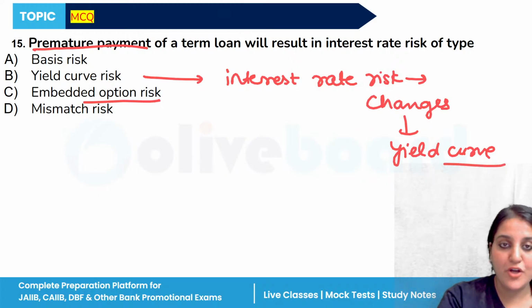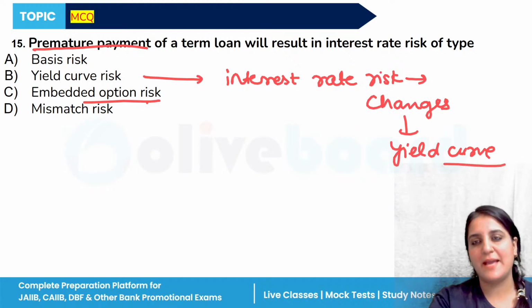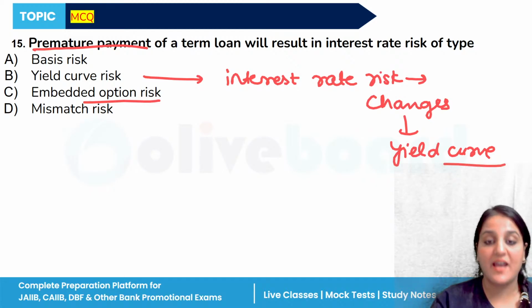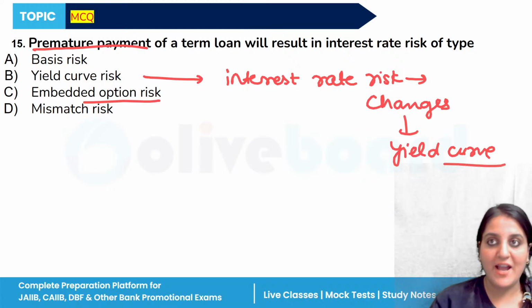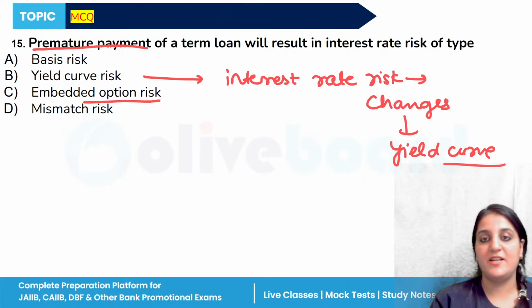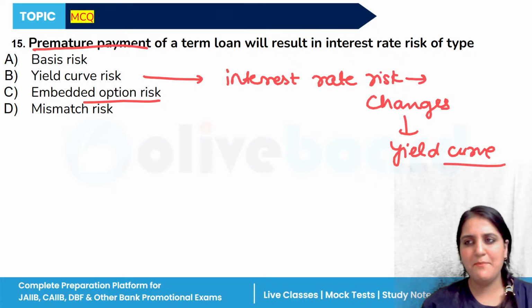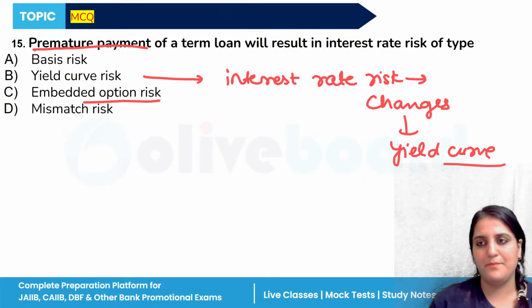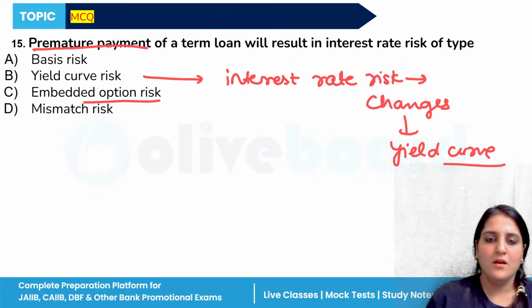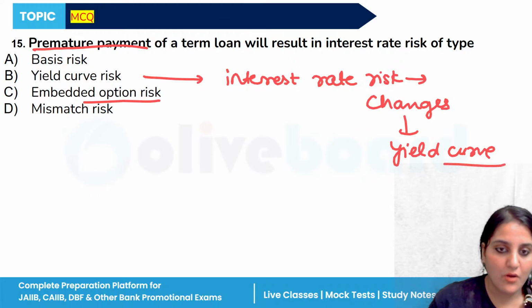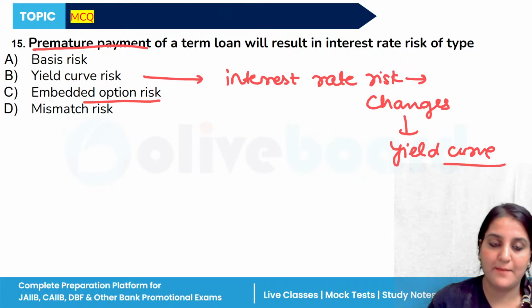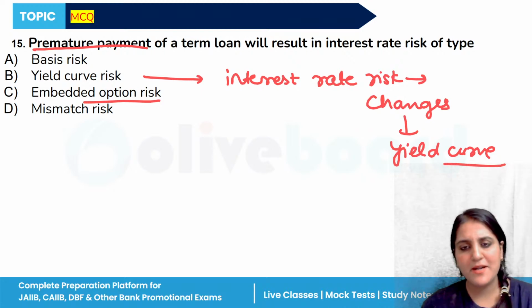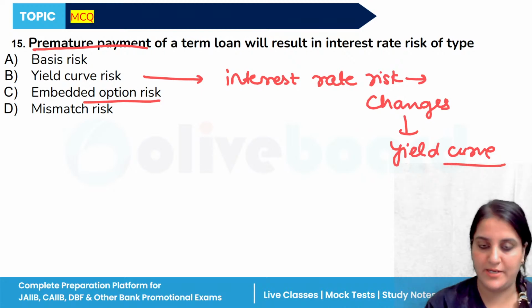And embedded option risk is a type of interest rate risk that arises when a financial instrument contains an embedded option. An embedded option is a right of the holder of the instrument to take certain actions such as early repayment or changing the interest rate.